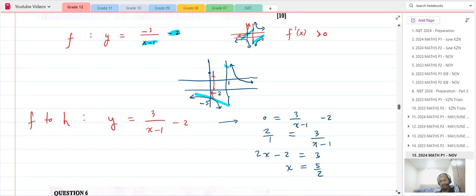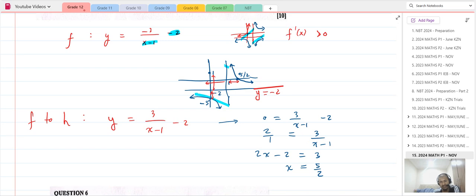So I'm kind of reflecting this graph. This is 5 over 2, and that was actually half. It's a reflection on the asymptote y is equal to negative 2. I'm reflecting this graph on the asymptote.